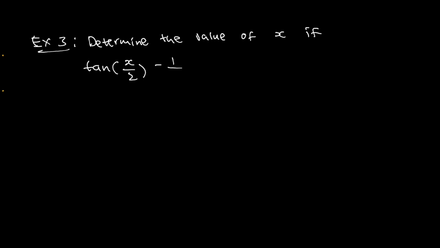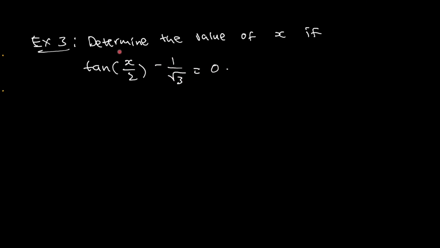Example number 3. Determine the value of x if tan of x over 2 minus 1 over square root of 3 is equal to 0.